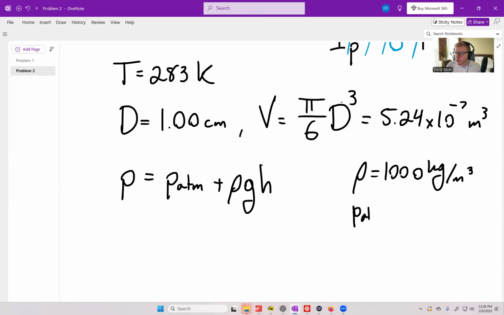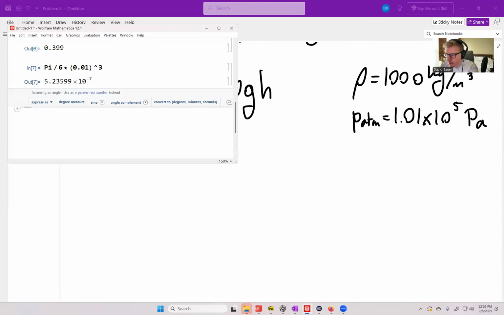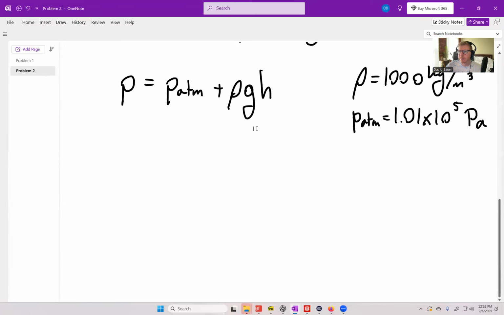And the atmospheric pressure, that's 1.01 times 10 to the 5 Pascal. And so I can just plug into that to get the pressure. So I get 199,000 Pascal.